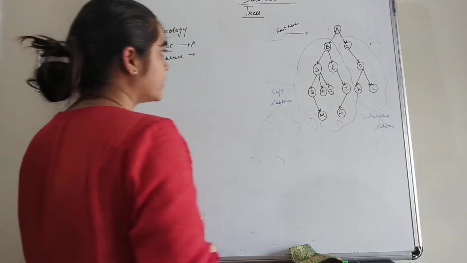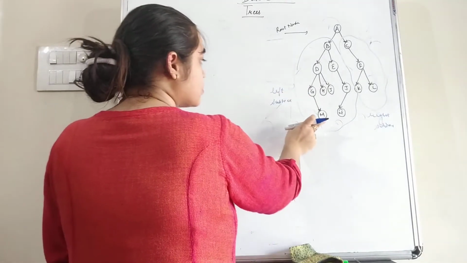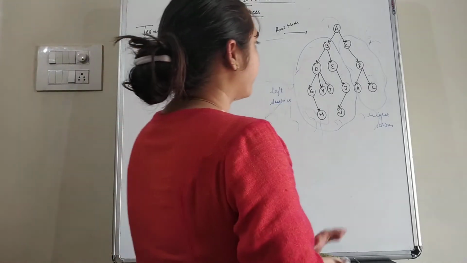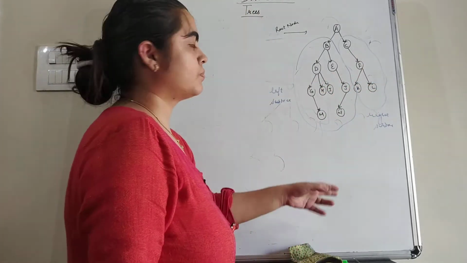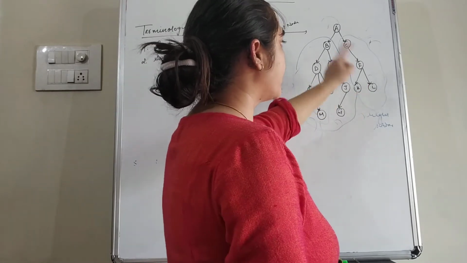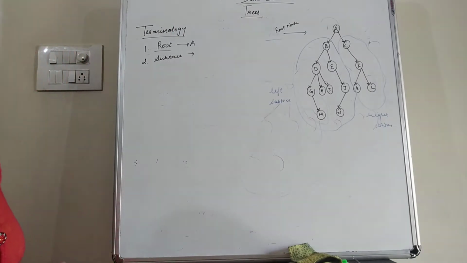Next, you can see for this G there is no left subtree, there is only right subtree for this G. Next one is F. F is having two subtrees. One subtree contains only one element, that is K, and another subtree contains again one element, that is L.